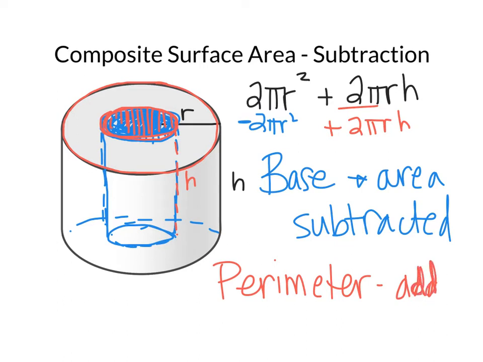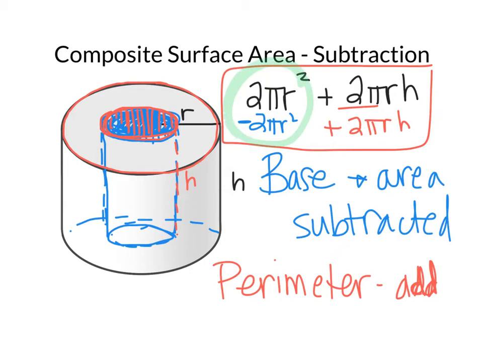So we're going to use the same formula right here, only we are going to change our base a little bit. We're going to find a different base area by subtracting the things that are missing, and we're going to find a different perimeter by adding these two things together. We're going to add the outer perimeter and the inner perimeter together before we use one single formula.